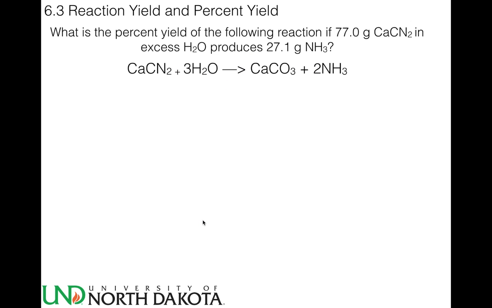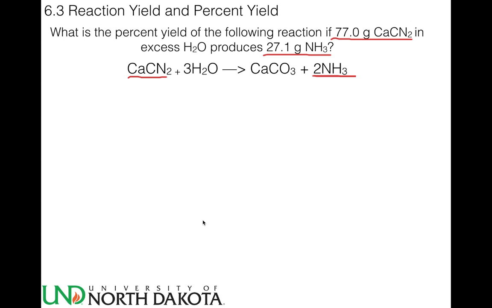Let's do another one. What is the percent yield of the following reaction if 77 grams of calcium cyanide in excess water produces 27.1 grams of ammonia? Again, deciphering what we have: 77 grams of calcium cyanide, which is a reactant, and we're told that it produces 27.1 grams of ammonia, which is a product.